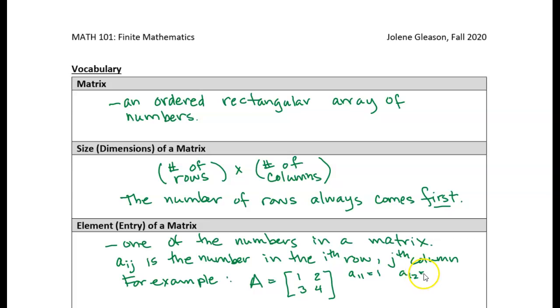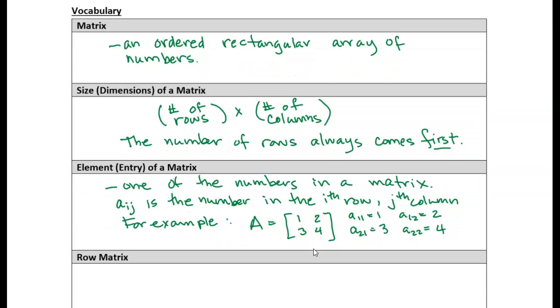A12, okay, that's the element in the first row, second column. So that's the number 2. And so on. A21 refers to the second row, first column, and that element is 3. And then A22 would be the element in the second row, second column. So that element would be 4. All right. So again, the row number comes first in the subscript.